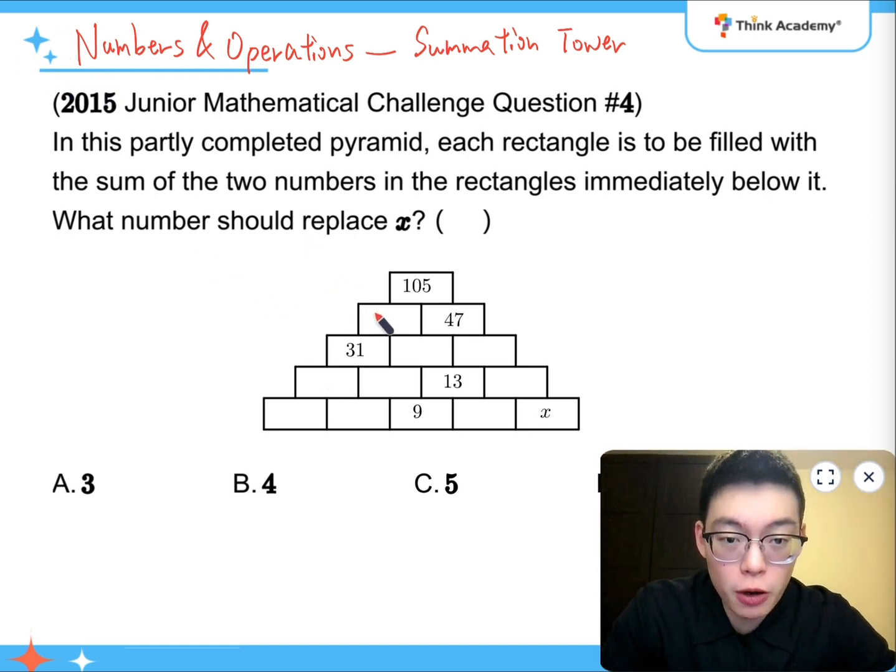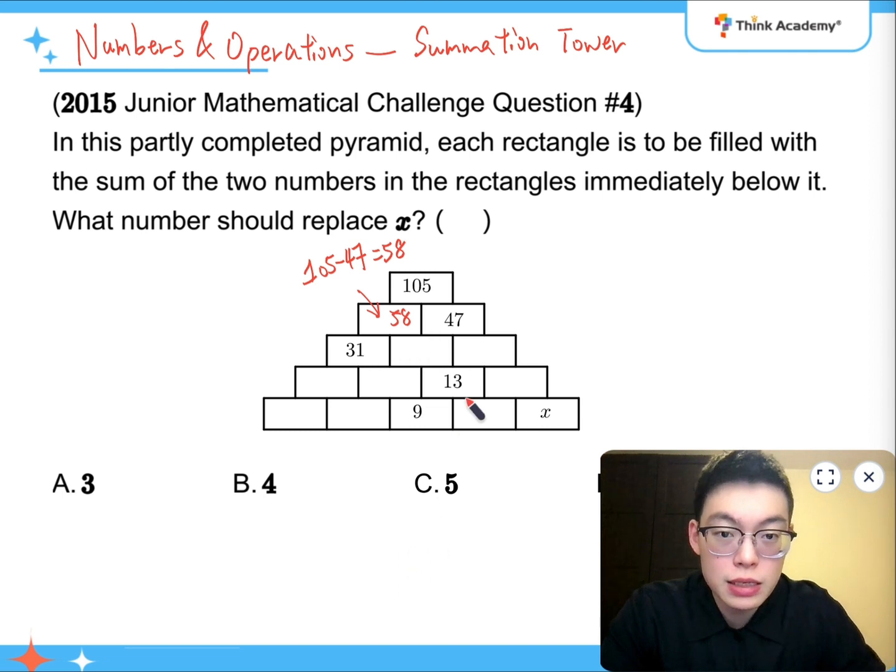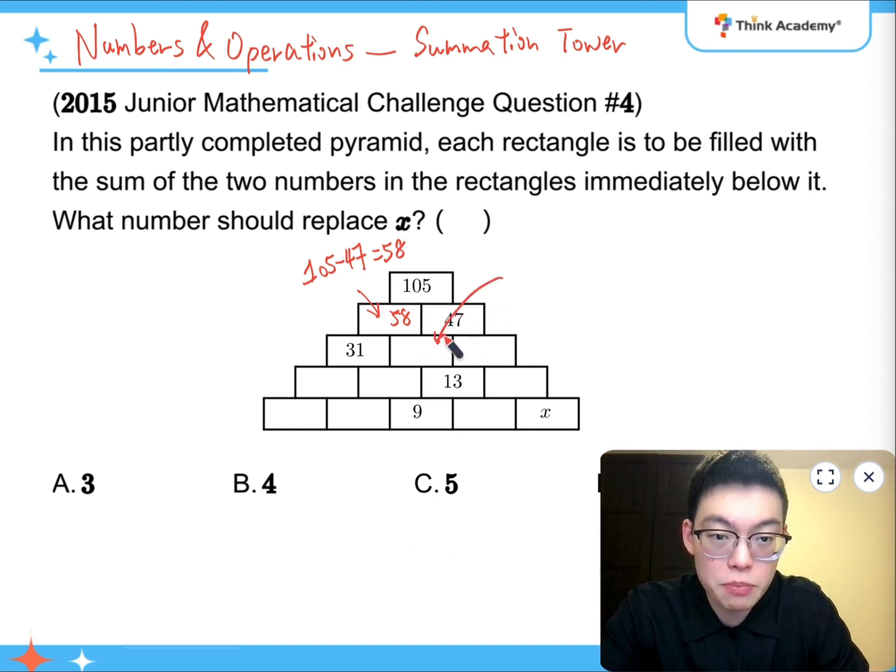So the first box we're looking at, it's going here. So we should look at this box because we can just do 105 take away 47 to find out that it's 58, right? And knowing that this is 58, it's easy for us to find the middle box right there. So that's the second step, finding the middle box.